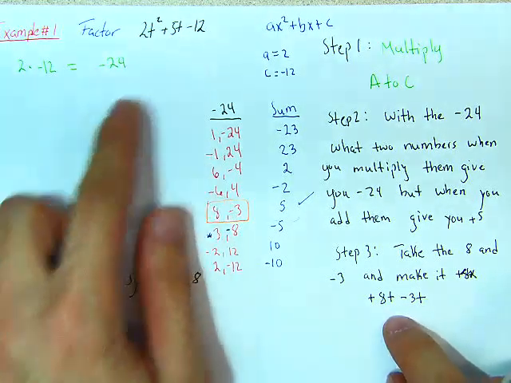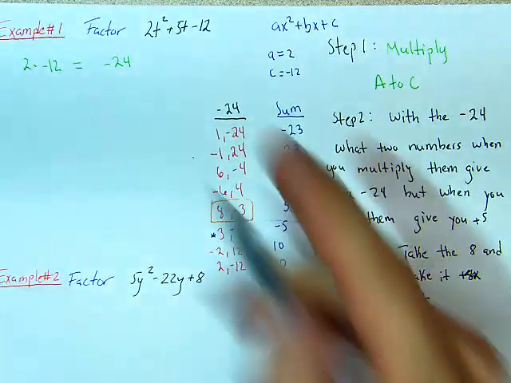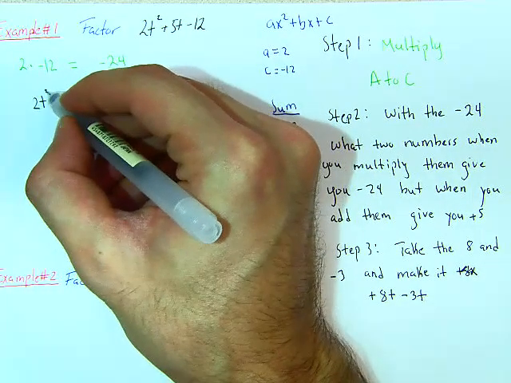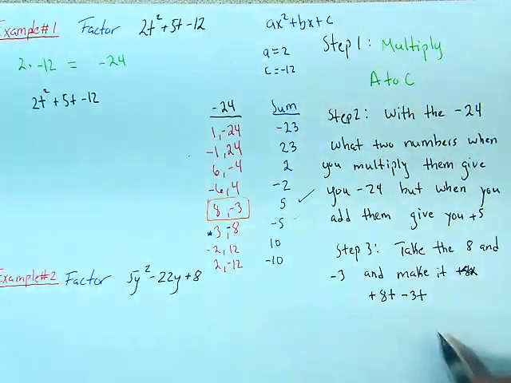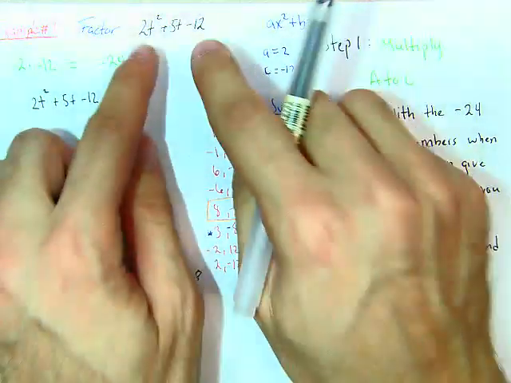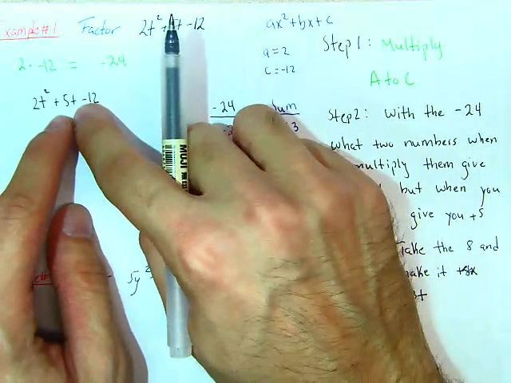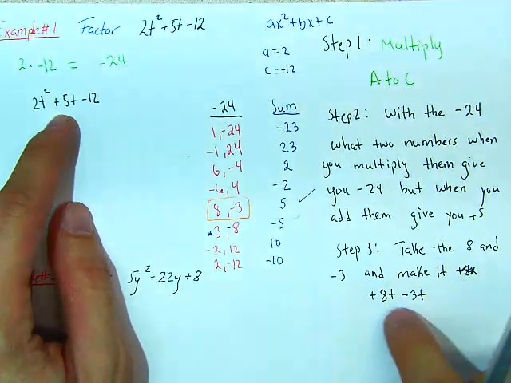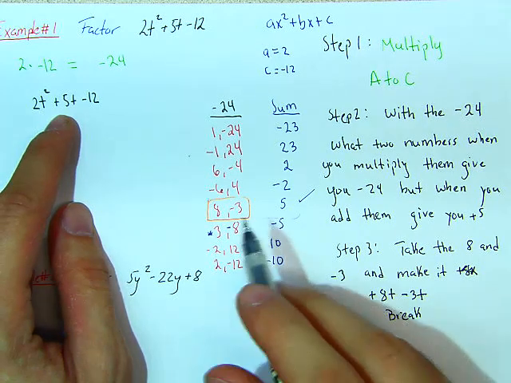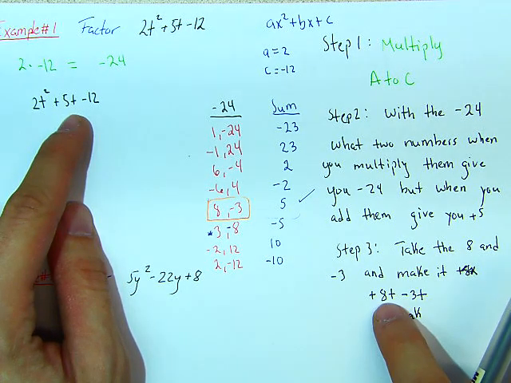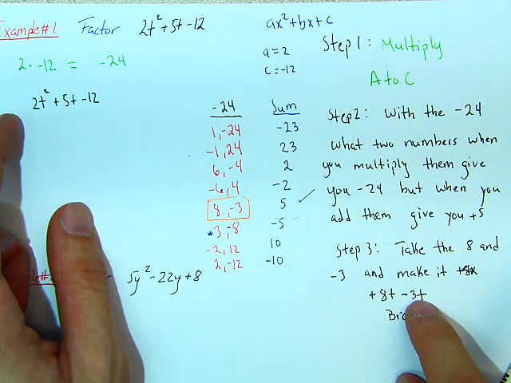So what we're going to do is, let's put the original, right? We had 2t squared plus 5t minus 12. We're going to literally break that 5t into an 8t and a minus 3t.